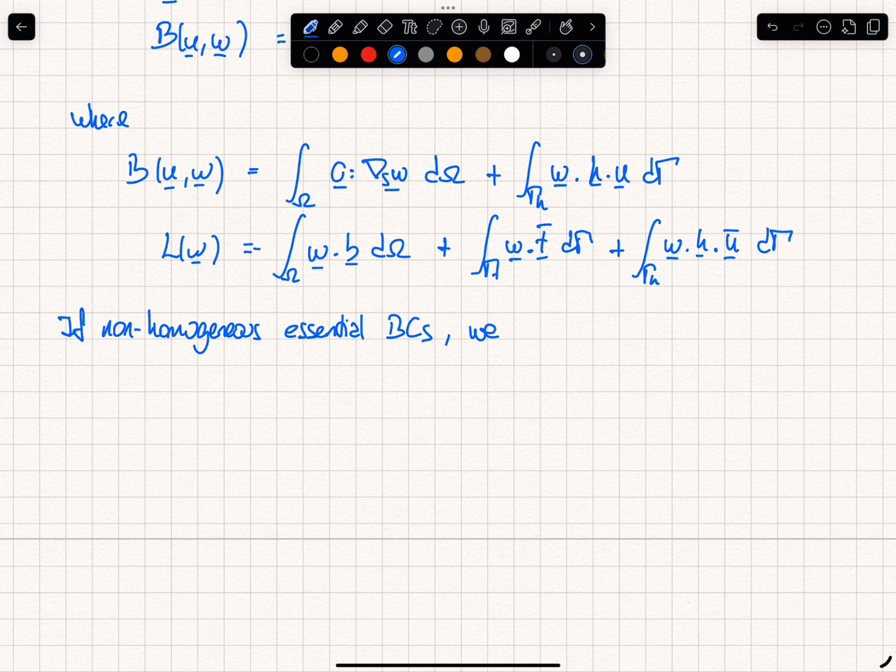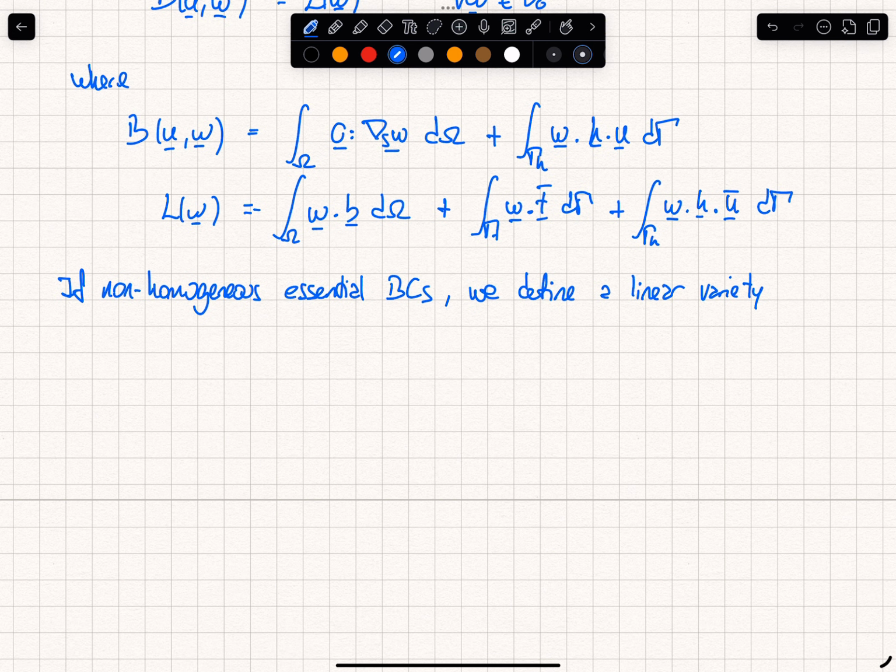So we define the linear variety, which, if you remember, is a translation of a space by a given quantity that satisfies a priori the boundary condition. So the linear variety is going to be V star equal to some function u tilde plus V naught.